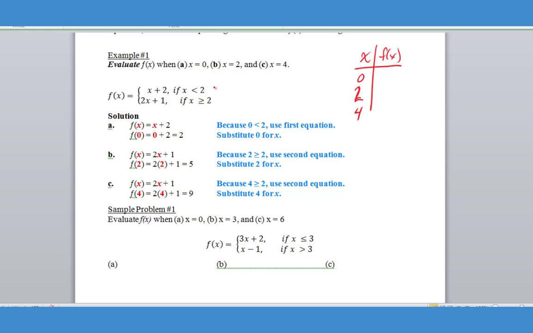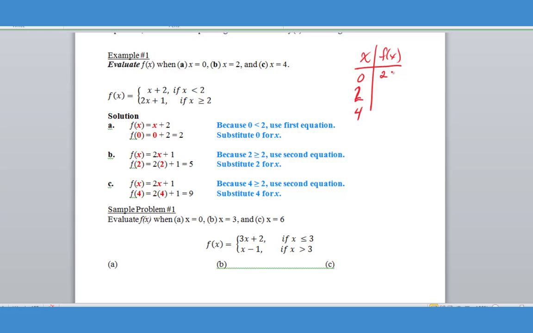Since 0 is less than 2, that's going to have us evaluating this first part of the function. So we will only evaluate that part of the function and not both of them, because it doesn't fit the condition of x is greater than 2. So if we plug 0 in for the first line, we're going to get a value of 2, and so you can see that's the point (0, 2).